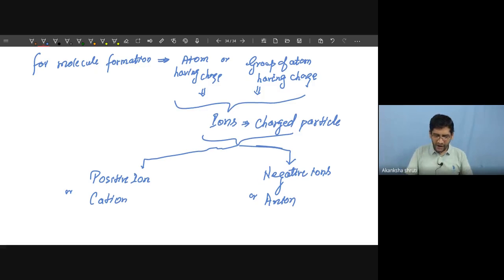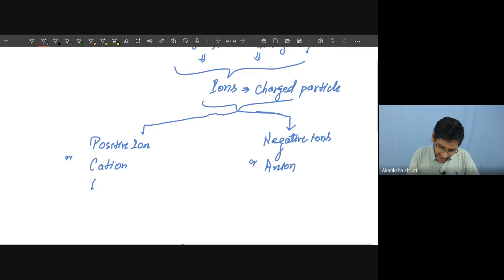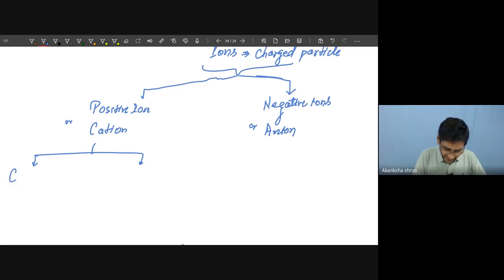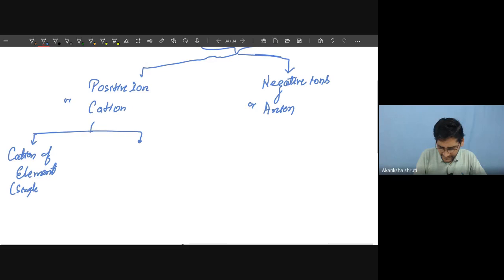Okay student, now this positive ion can be over a single atom or maybe over a group of atoms. So write, cation of element means a single atom. We have to keep in mind this is the category.